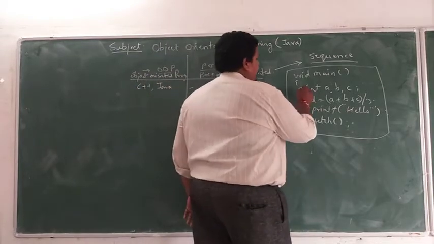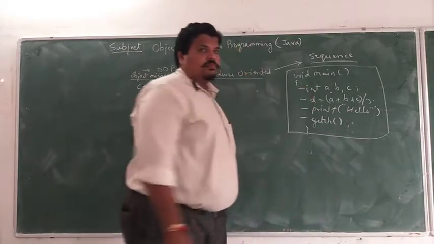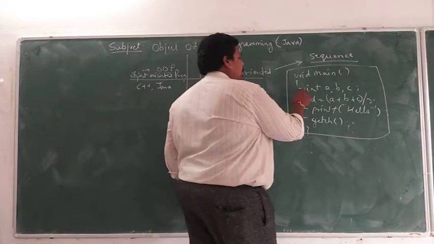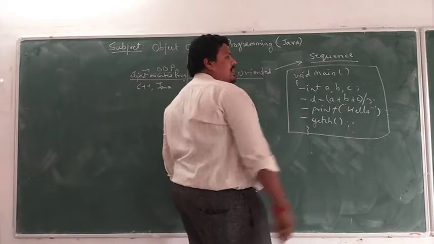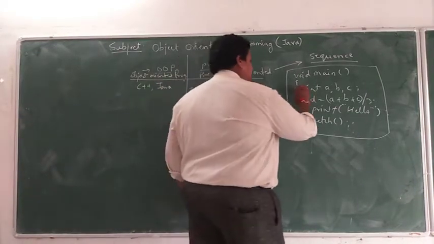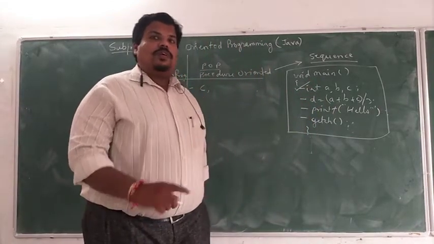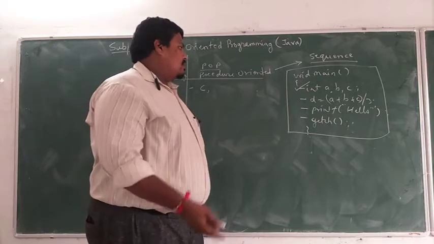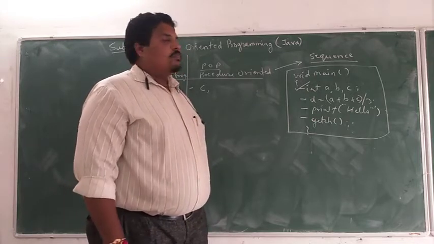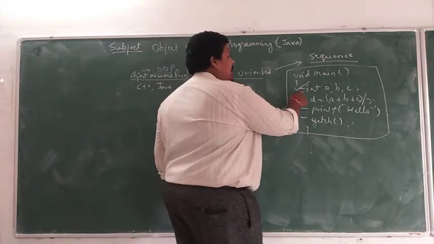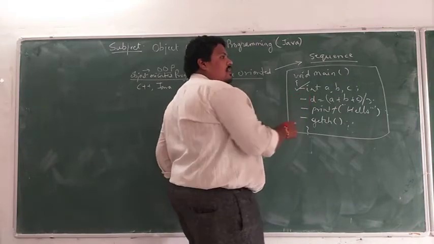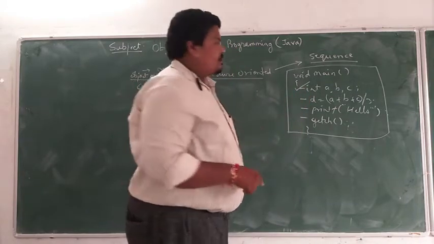The meaning is, if this statement is written first, which statement? The declaration statement. If the declaration statement is written first, this statement will get executed first. It is very similar to a first come first serve basis of a programming approach. The statement or instruction which is written first is executed first.